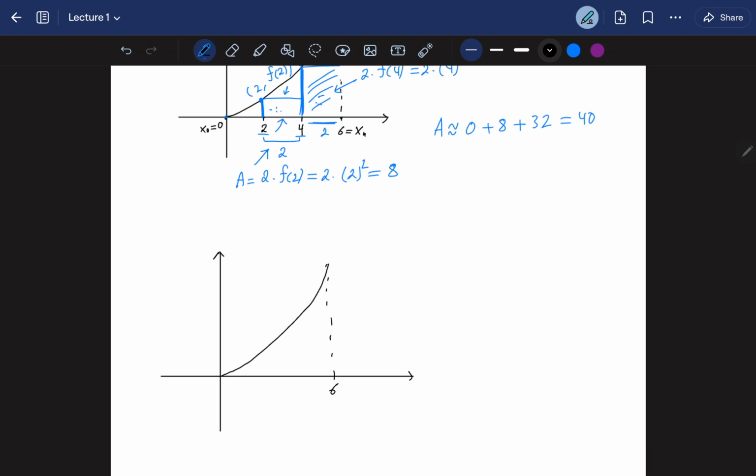But here, instead of having n equal to 3, my n is 6. So when you find the widths, this is just 6 minus 0 over 6, which is 1. So I'm going to start with x of 0 equals 0, and then I'm going to add 1 to that. So that's 1, 2, 3, 4, and 5, and 6.